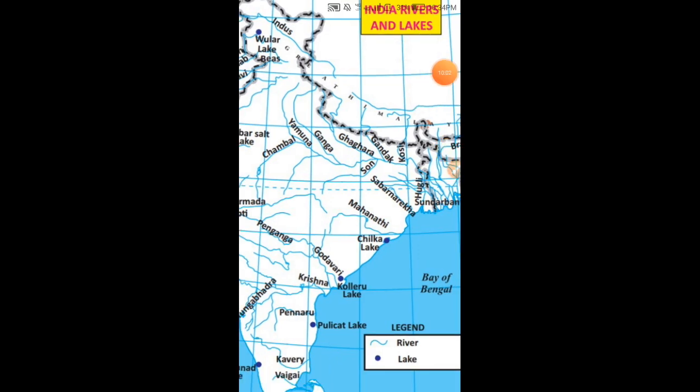Whenever you mark the Ganga river, it should end in this place. Other important rivers are Mahanadi, Godavari, Krishna, Kaveri. You have to mark the curves while marking the rivers.